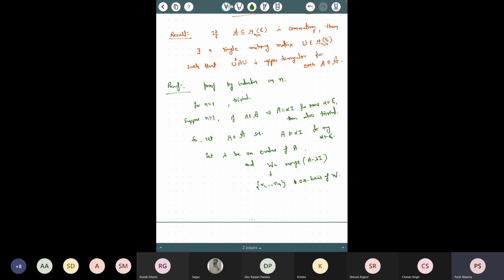These vectors form an orthonormal basis of W. And we can extend this basis to a basis of Cn.